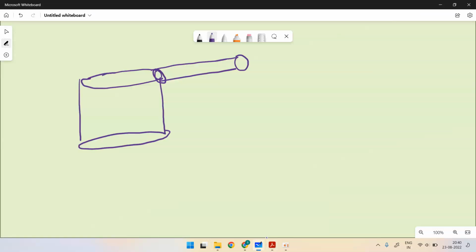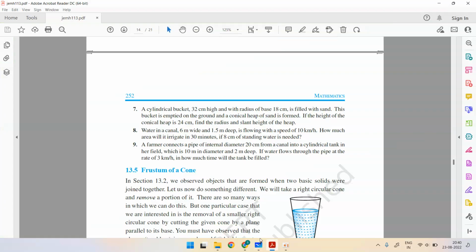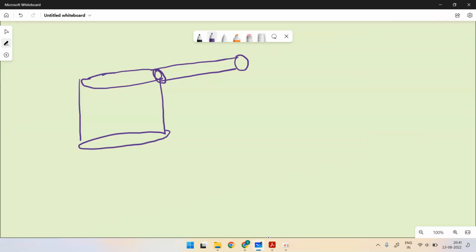See, first you convert 20 centimeter: diameter is 20 centimeter, which implies that radius R1 is equal to 0.2 meter by 2, 0.1 meter.